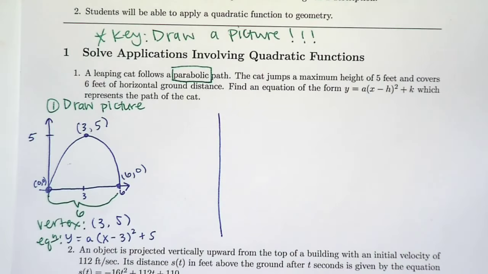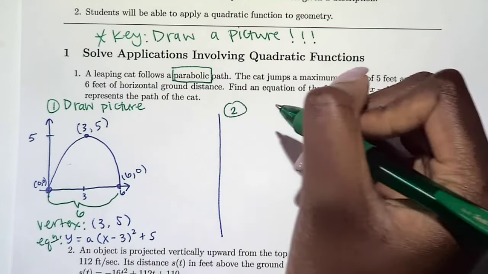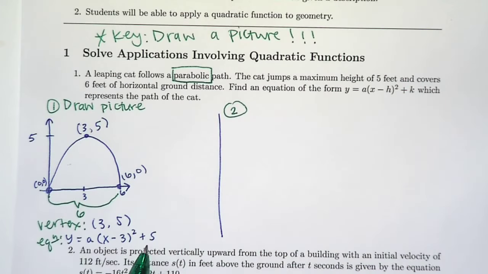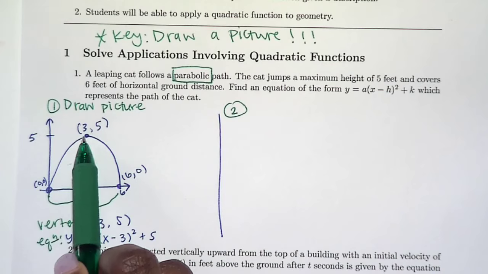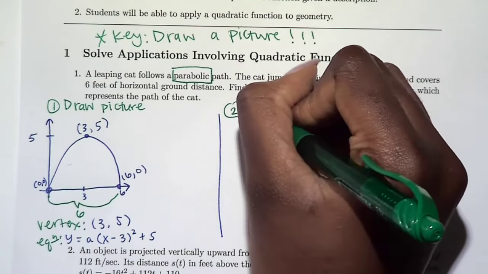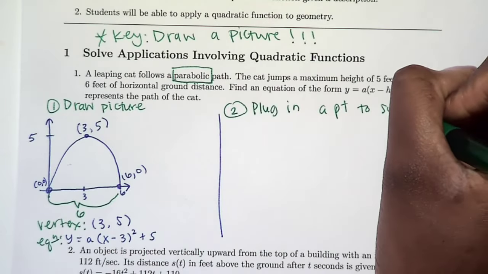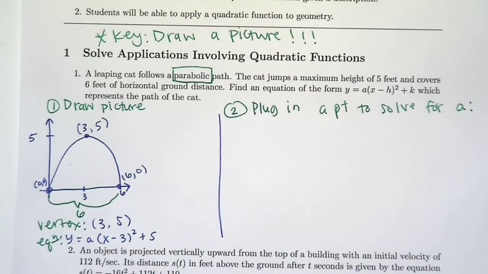All right, the next thing that we're going to do is actually answer the question. So let's go back to the question. It says find an equation of this form. Well, we already have this form, but we don't know what a is. So how do we do that? Well, we're going to plug in any other point on this parabola other than our vertex, to solve for a.